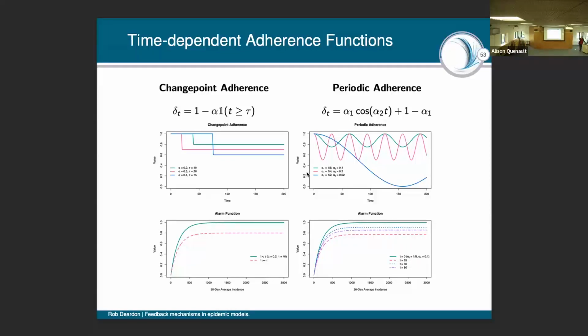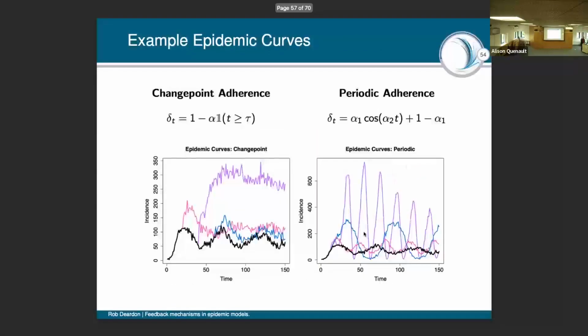Obviously, you wouldn't expect the adherence to be doing this for a long period of time, but maybe that would describe a single peak or part of an epidemic. It's basically a way of introducing flexibility. So your alarm function essentially changes over time, going up and down. And here we've got some examples, simulated epidemic curves under those 2 different adherence functions.